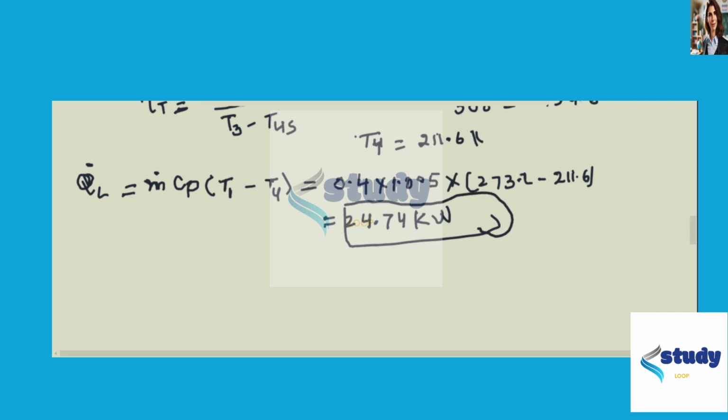Now we have to find the coefficient of performance if it is to be used as a simple refrigeration cycle. So first we need to calculate net power input.